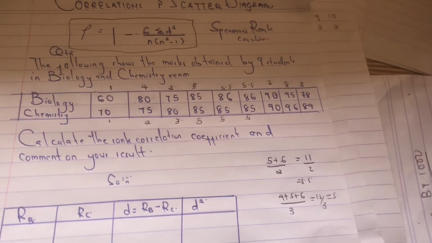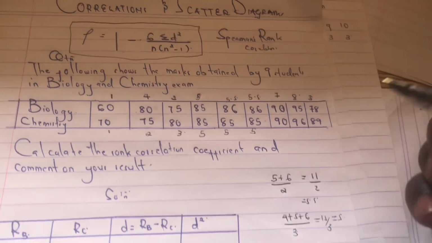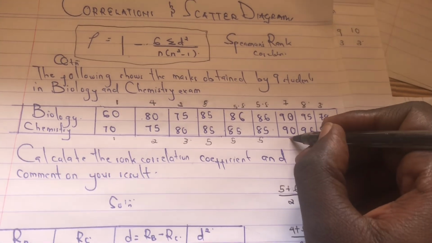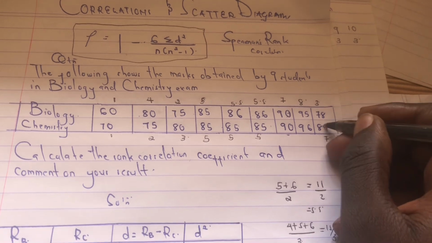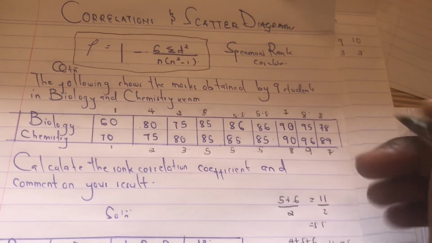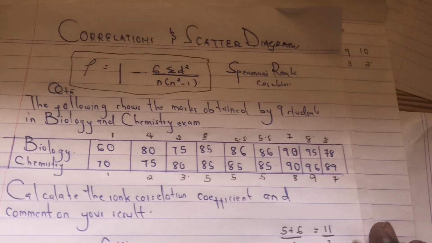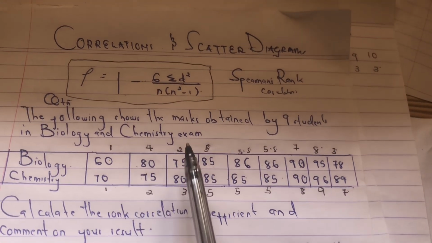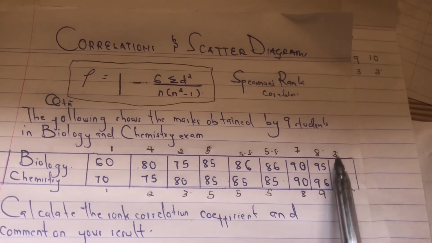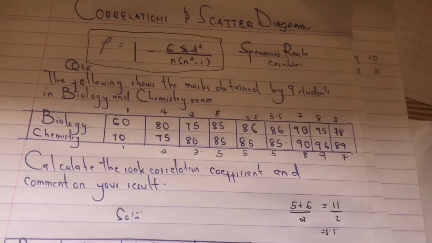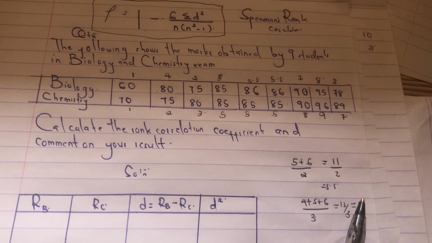Are we together? So remember we stopped on 6. So the next one here, what follows next, will be 7, 89 is 8, and this will be 9. So that's how it goes. After ranking them, what follows next?